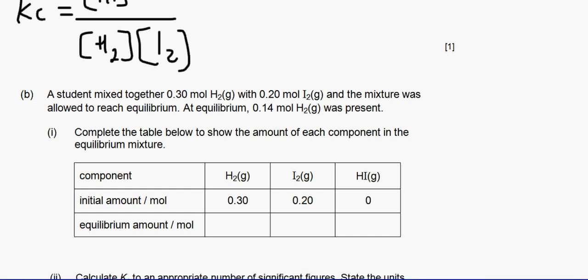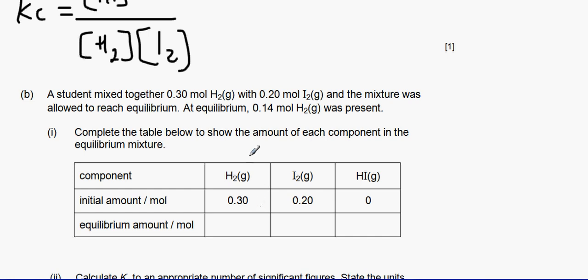So, what we've got to do is to complete the table to show the amounts in the equilibrium mixture. So, at the start, we've had 0.3 moles of H2, 0.2 moles of I2, and obviously 0 moles of HI. Because at the start of the reaction, we haven't made any of it. Okay, we don't put in HI at the start of the reaction. We want to make it.